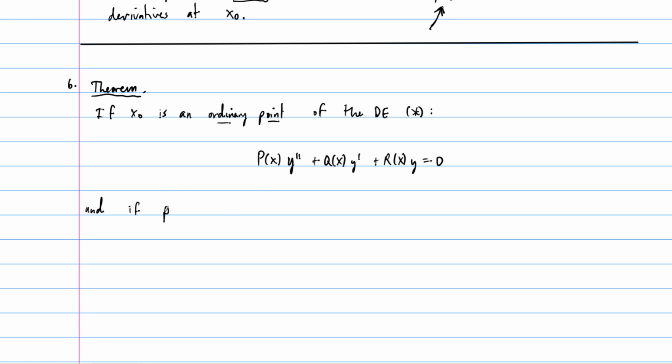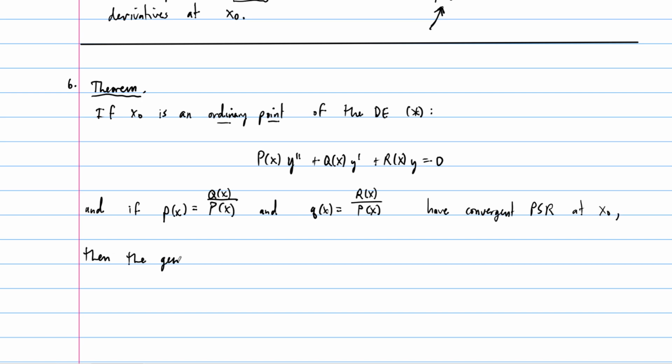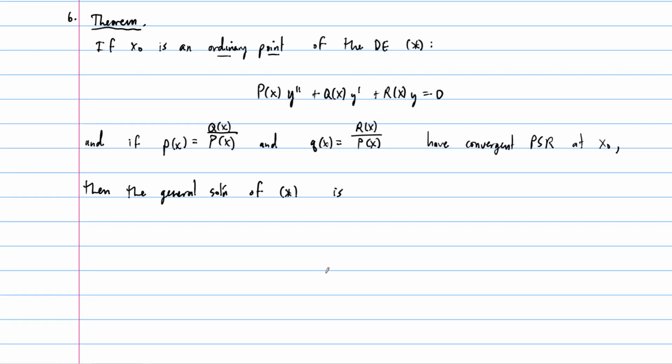So, if little p of x equals capital Q of x divided by capital P of x, and little q of x equals capital R divided by capital P, if these functions have convergent power series representations at x naught, then the general solution of equation star is given in the following form.